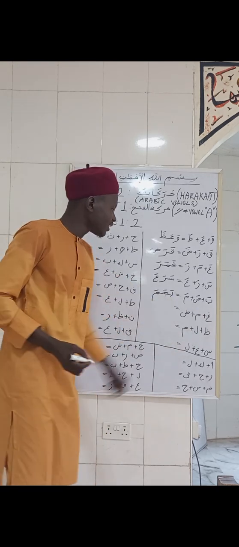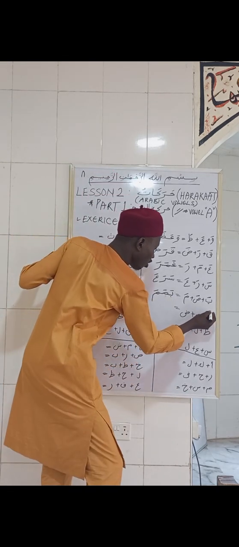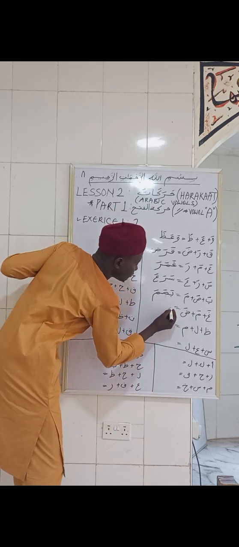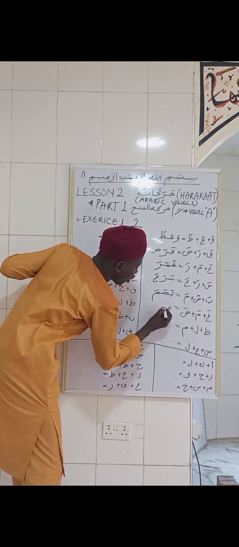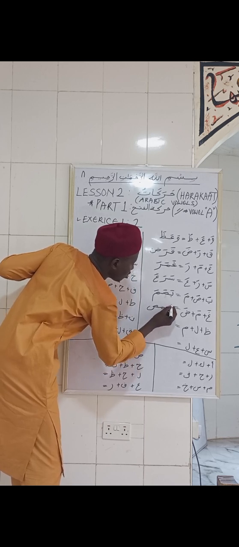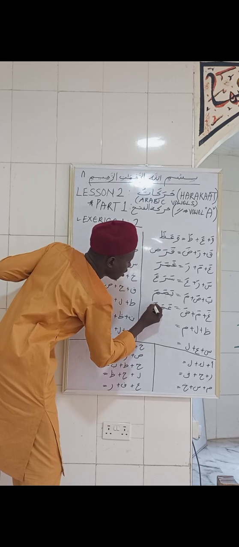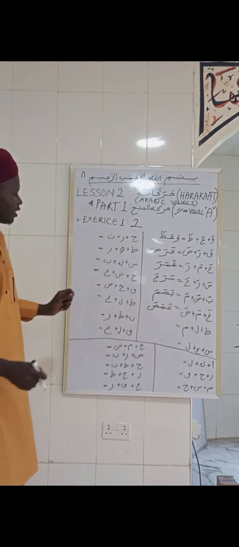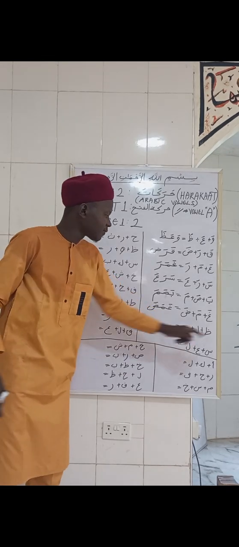So the next one is what? Gha, ma, gha. So ghayn can be joined with mim. Gha, ma, gha. Okay?